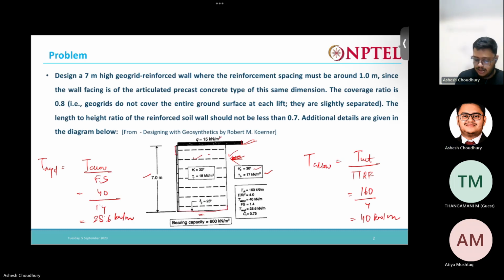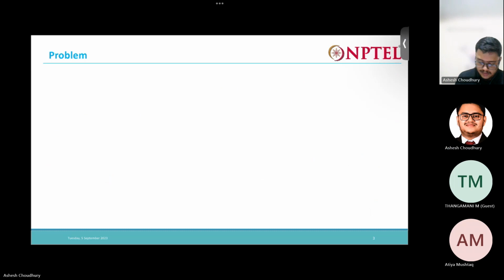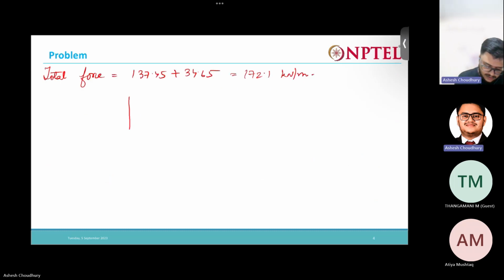Right. I have to draw the reinforced soil block.